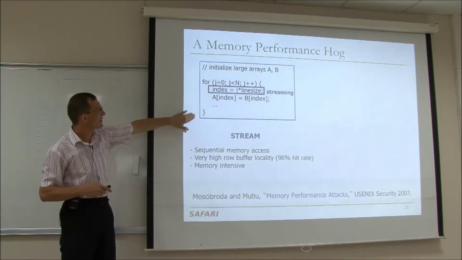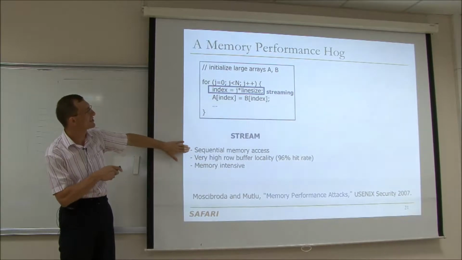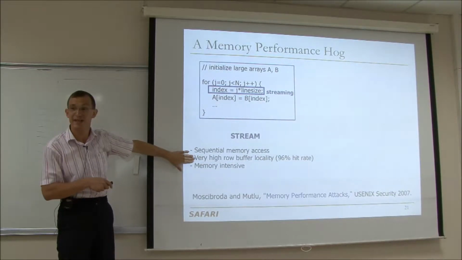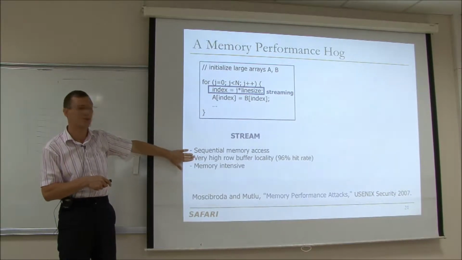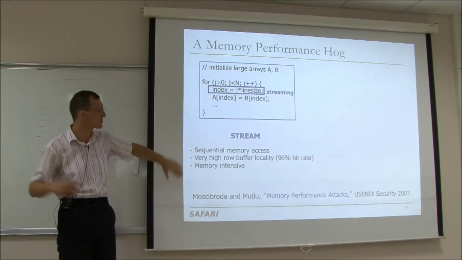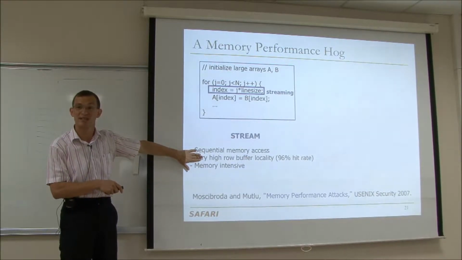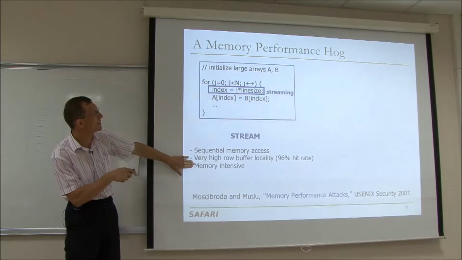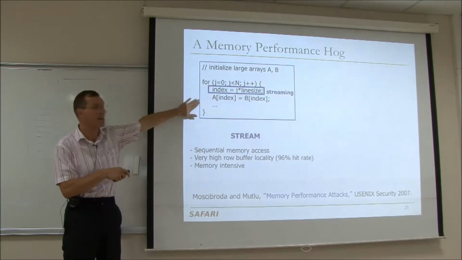What are the characteristics? It has sequential memory access because the index is streaming. It has very high row buffer locality. Remember the row buffers we discussed in several lectures. It has a 96% hit rate in the row buffer. And it's very memory intensive because we ensure that every access is a cache miss.